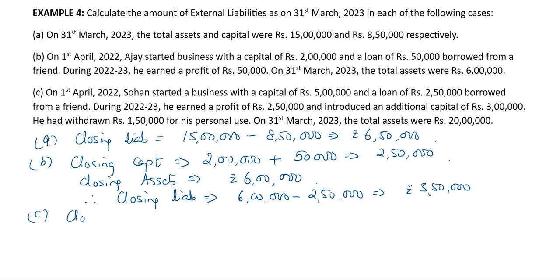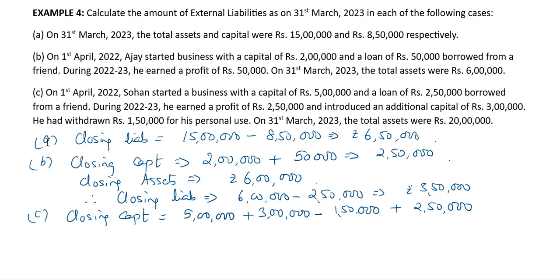So let's find out the closing capital. Closing capital is equal to opening capital, which is rupees 5 lakh, plus the additional capital, which is rupees 3 lakh, minus the drawings, which is rupees 1,50,000, plus the profit, which is rupees 2,50,000. So the closing capital is equal to rupees 9 lakh.